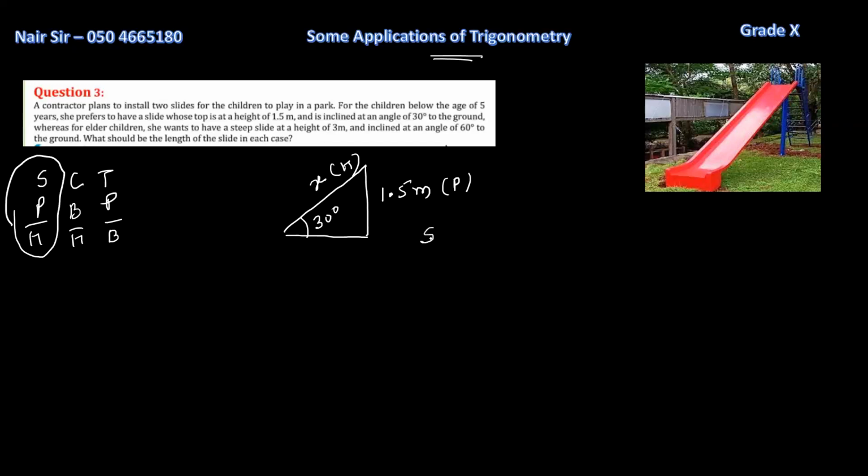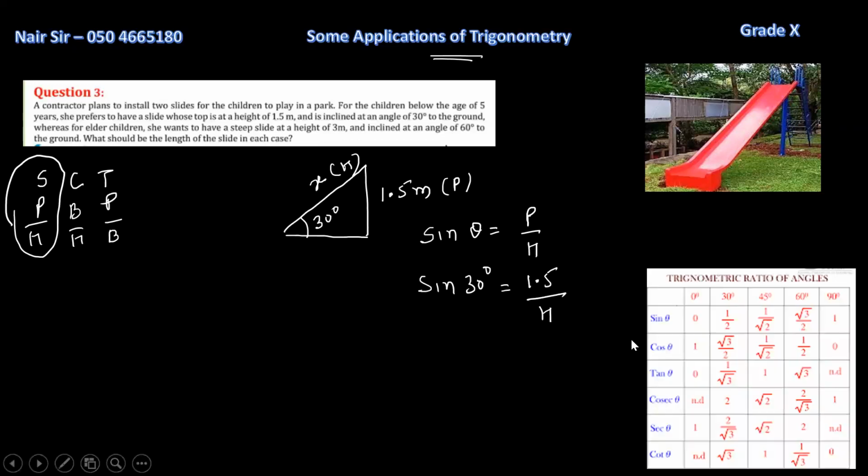So sine theta is equal to perpendicular upon hypotenuse. Sine 30 degrees is equal to the perpendicular, which is 1.5, upon the hypotenuse. Now, what is sine 30? Sine 30 is nothing else but 1 upon 2.